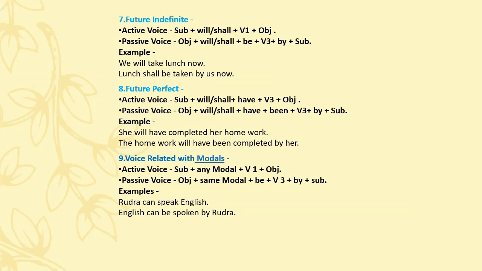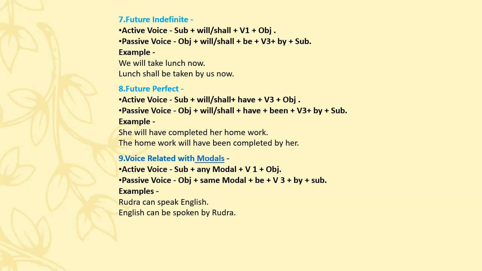Now let's come back to the next tense, that is future indefinite tense. Active voice: subject plus will/shall plus V1 plus object, and the same rules we are going to follow over here. That is, the object would change into subject and subject into object. Will/shall, be will be added, that is be. Again, V3 form of the verb plus by plus your object. Now see here: we will take lunch now.